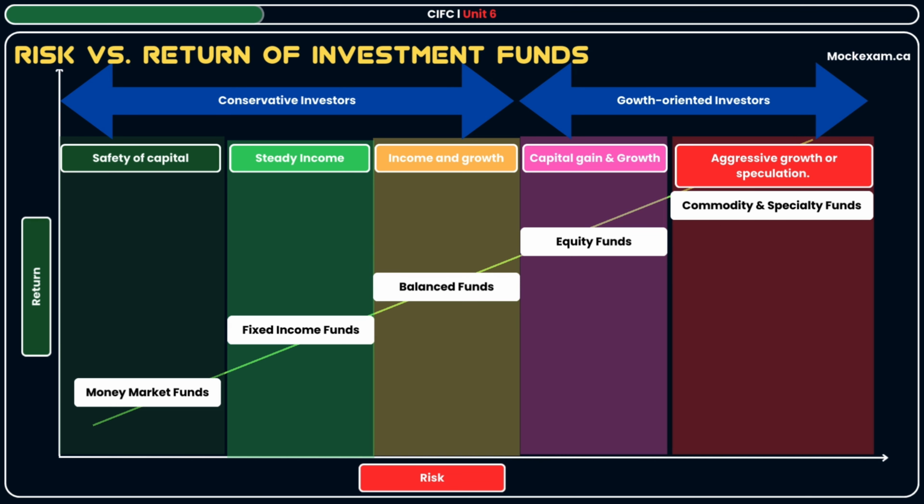These are important terms you need to know. So, conservative investors invest in money market funds, fixed income funds, and balanced funds, and growth-oriented investors invest in equity funds and commodity and specialty funds.